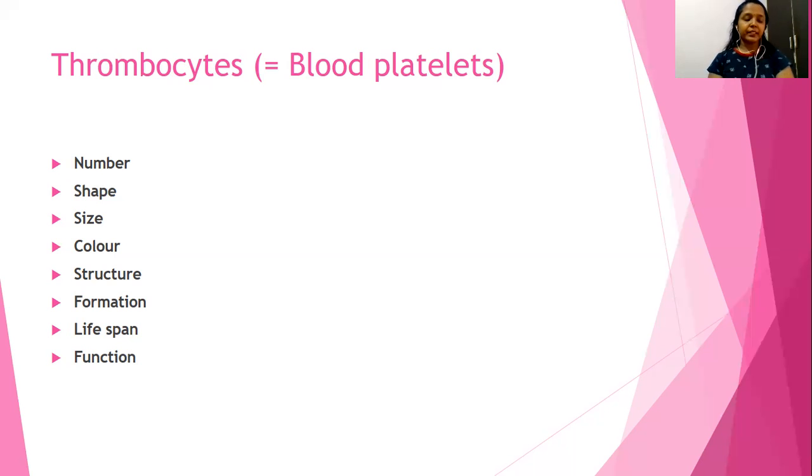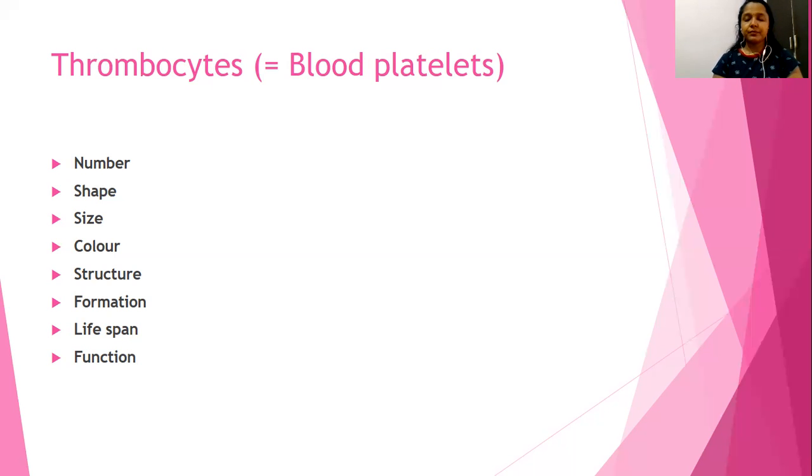And the formation: platelets are also formed in the bone marrow, majorly by the megakaryocytes. Megakaryocytes are the larger cells of the bone marrow. They take up the responsibility of forming the blood platelets. The lifespan is usually about a week in the circulating fluid.